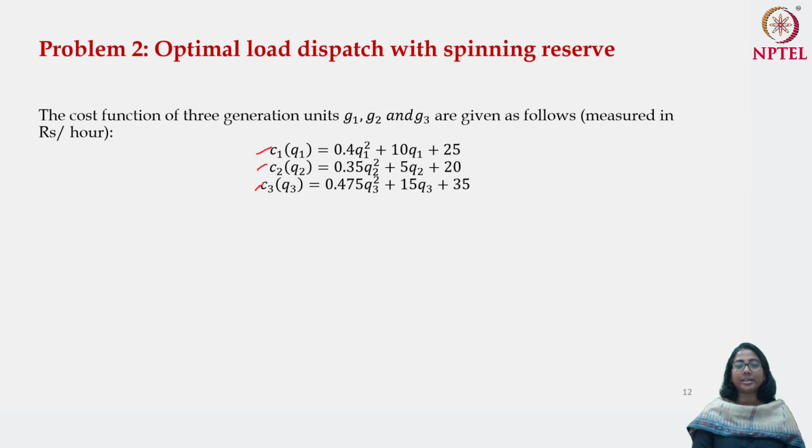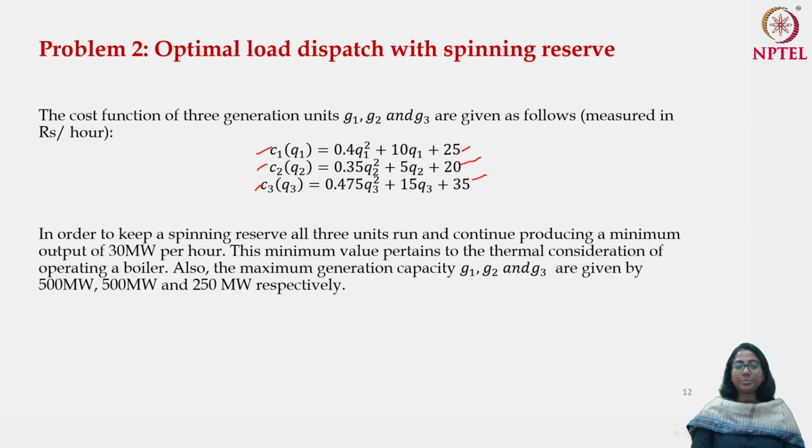And the third generating unit has C3(Q3) equal to 0.475 Q3 square plus 15 Q3 plus 35. Again you notice this 25, this 20 and this 35 are all fixed costs of production and will not be reflected in the marginal cost.